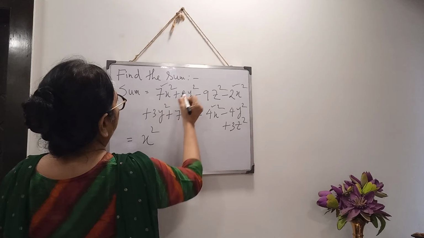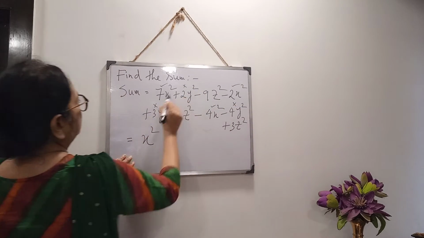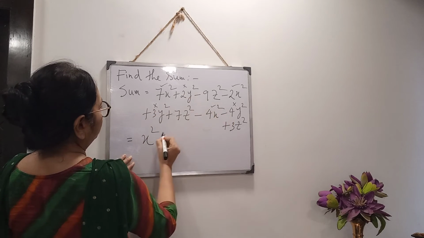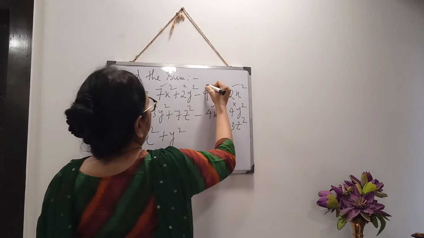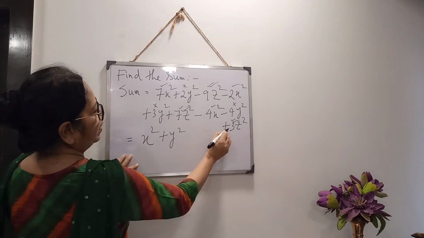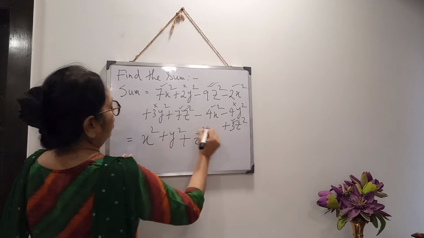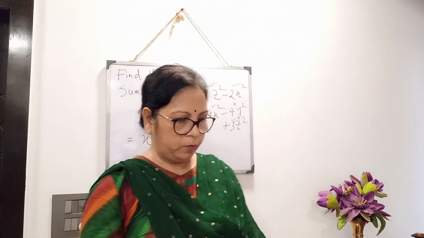And 2y square, 3y square, 4y square. This and this, plus 3 plus 2, 5 minus 4, that means y square. And there is z square, z square, z square. 7 plus 3, 10 minus 9 means z square.